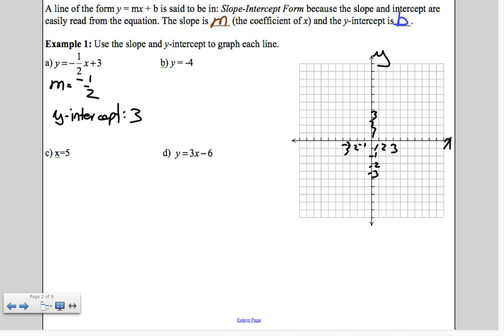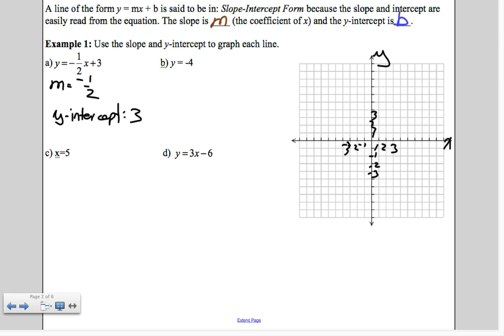So how would I begin to start plotting this? I think Megan was saying something. Put a dot on 0 and 3. What do you mean by 0 and 3? x is 0, so 0 comma 3.